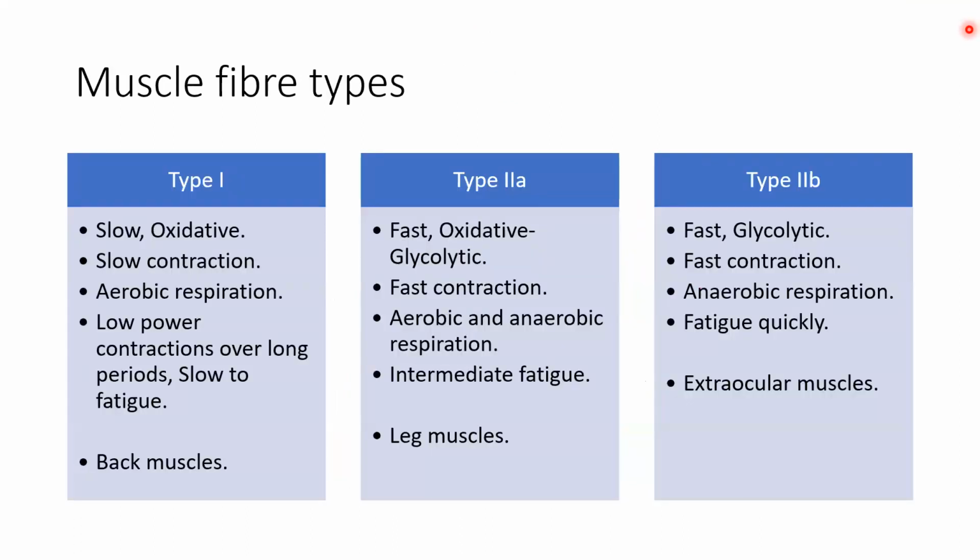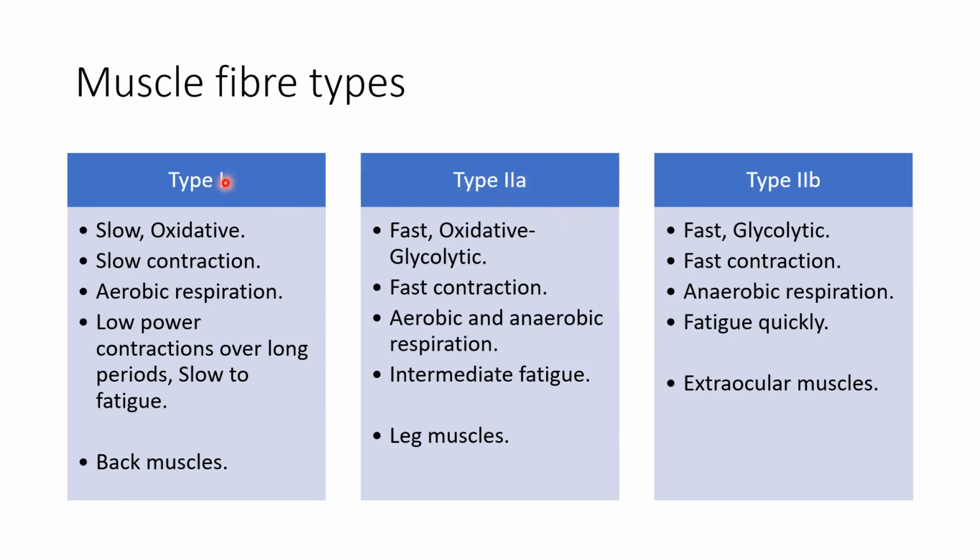Then the muscle fibers inside the skeletal muscles are of 3 types. They are not all the same. They differ in their contraction ability and whether they use aerobic respiration or anaerobic respiration.